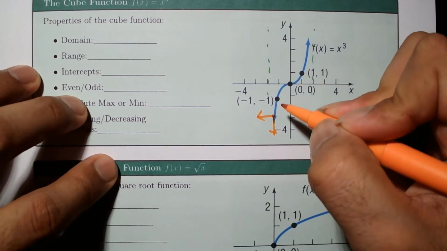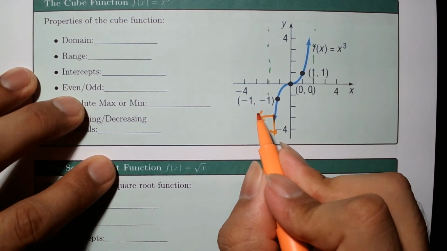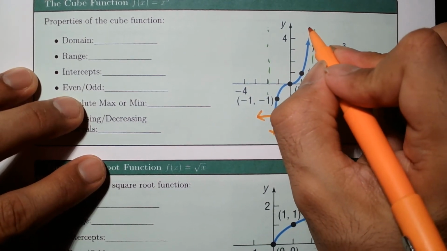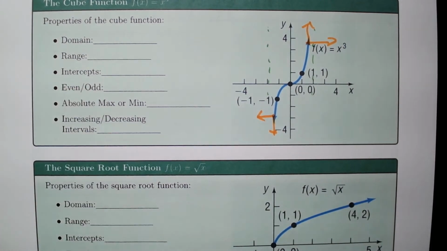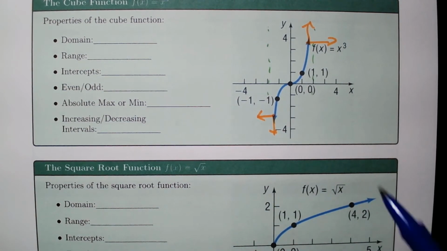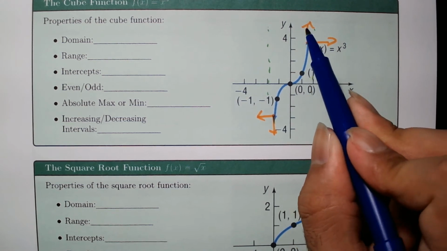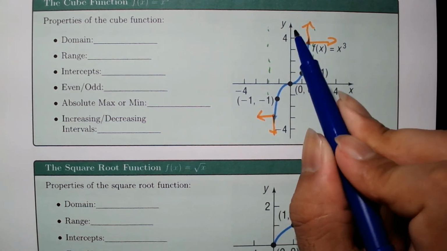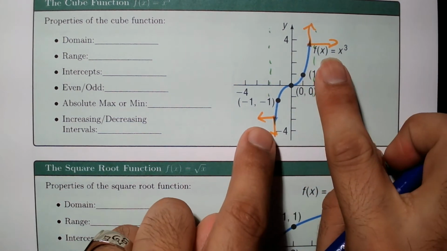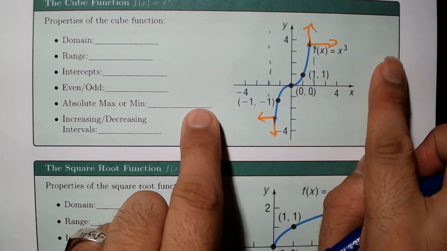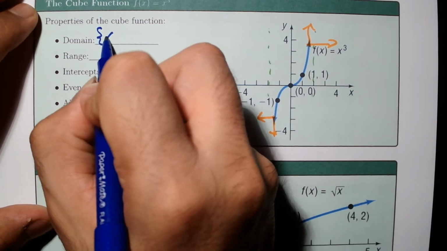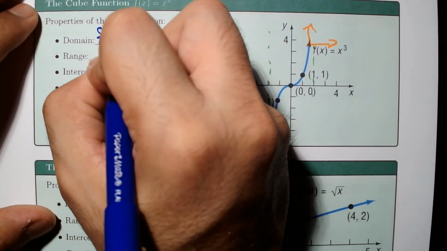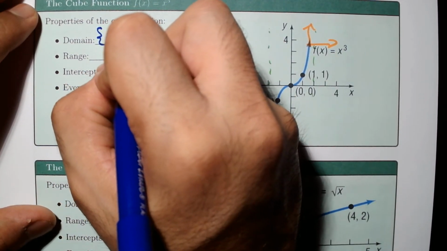Yes, we are going to go down faster than we're going back, just the same way we're going to go up faster than we go forward. But still there's movement in both directions, the x direction and the y direction. So these two arrows extending forever in both directions indicate that the domain is the set of all real numbers.